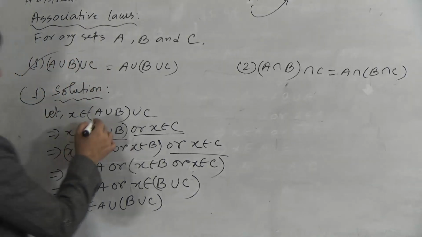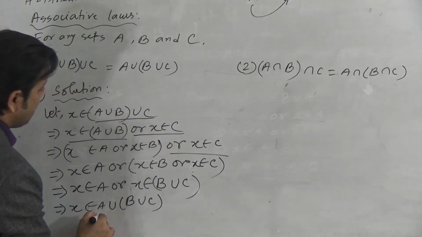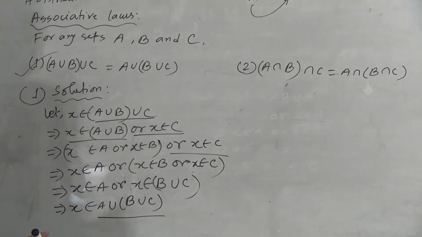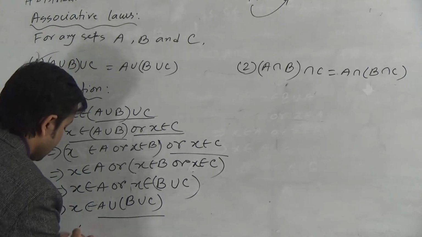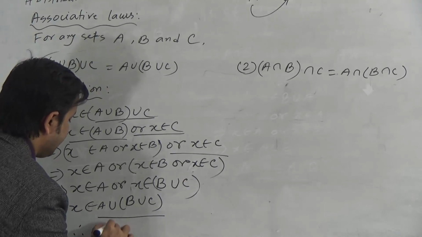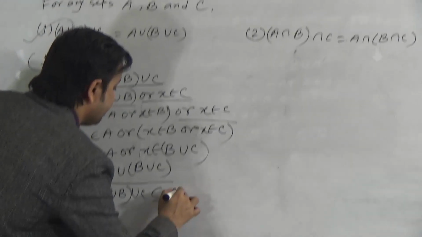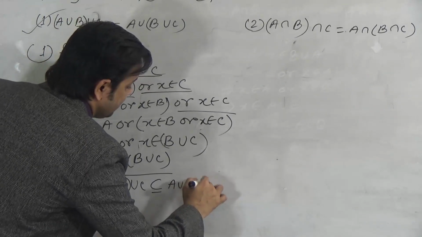It means that (A union B) union C is a subset of A union (B union C). So we can write, therefore, (A union B) union C is a subset of A union (B union C).